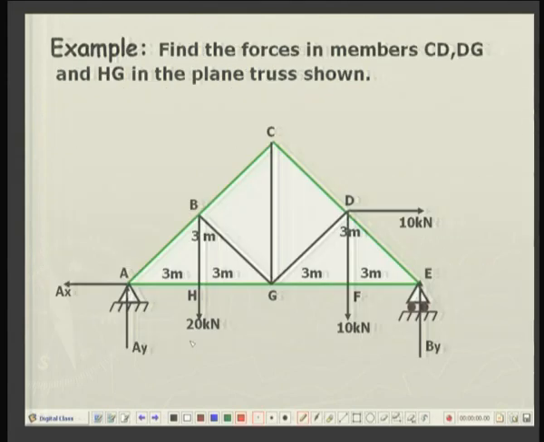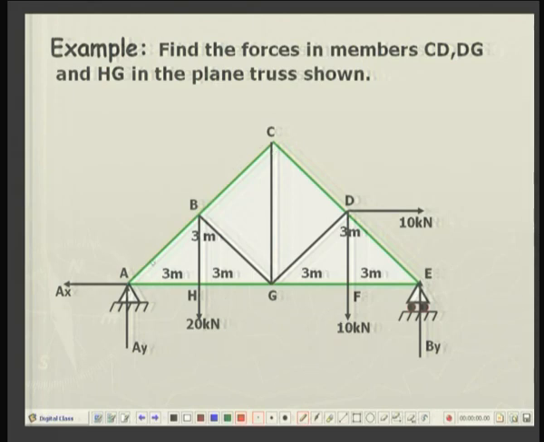Here is a truss. Again, I leave it to you to check that this plain truss is just rigid, and obviously this is a simple truss. These are various joints and various forces over here.